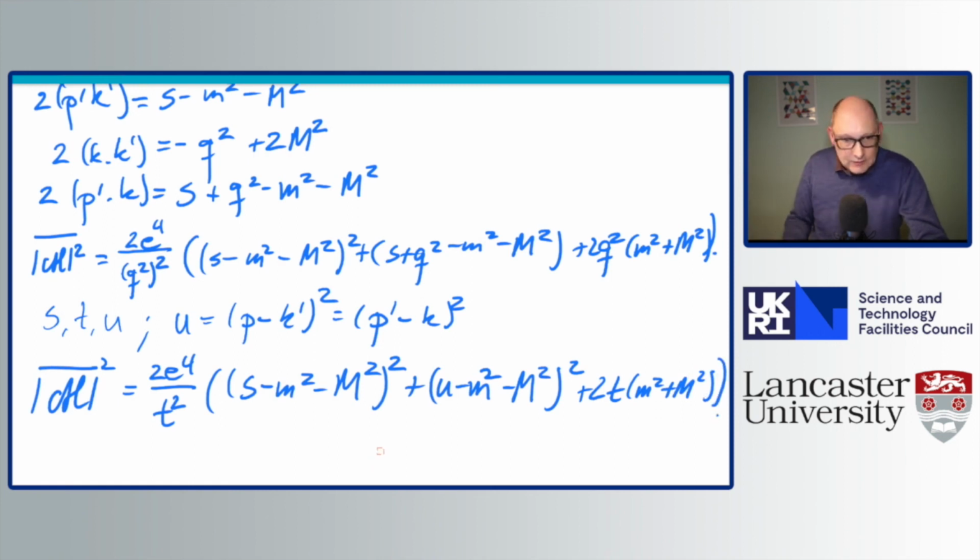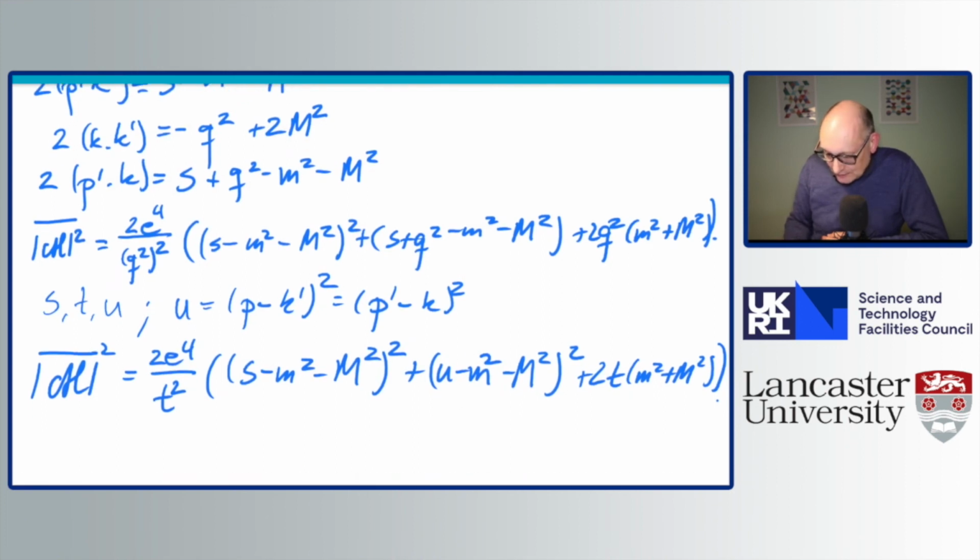So this is our final expression for the spin averaged and summed scattering amplitude expressed in terms of the Mandelstam variables S, T, and U, and the masses of the electron and the muon. Of course, it's particularly simple in the massless case, where it's just 2 e to the 4 over T squared, S squared plus U squared.